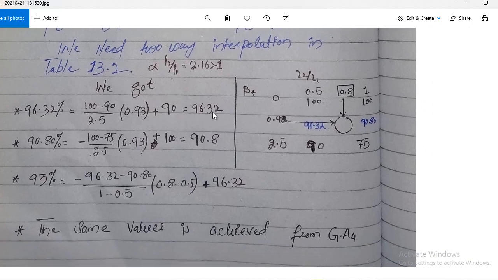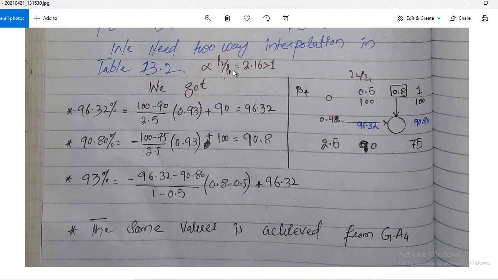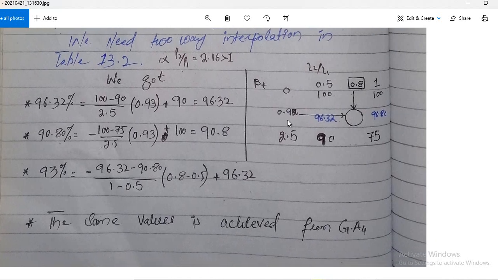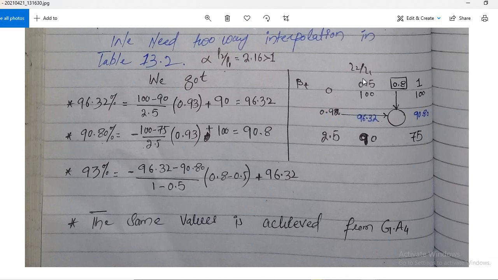Now because our alpha L2 by L1 is 2.16, which is more than 1, here we need two-way interpolation. I chose these values from that table, and you see the interpolation. First of all we calculate this value, then we find out this value, and then by using these two values we will find this value corresponding to 0.8 and 0.9 or 0.93.